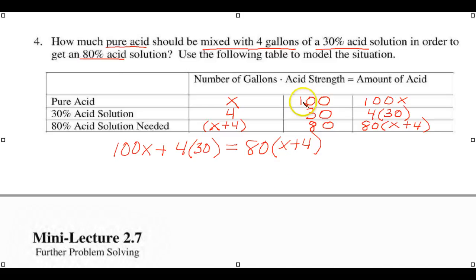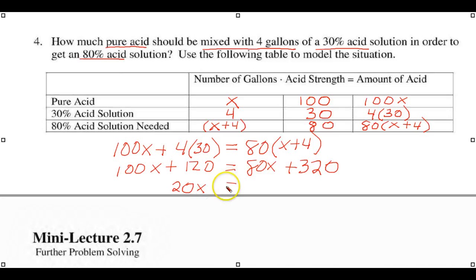Now, if you had made these percentages decimals, you would have multiplied everything by 100 to get this. Okay, so clearing parentheses, distributing, I now will subtract 80x from both sides, and I get 20x. Just transpose that, subtract 120 from both sides, and I get 200.